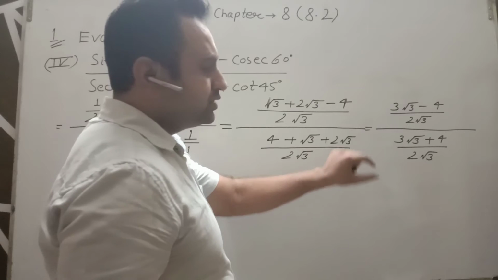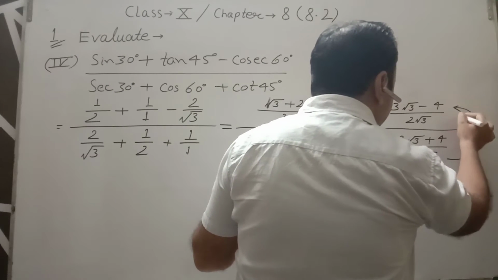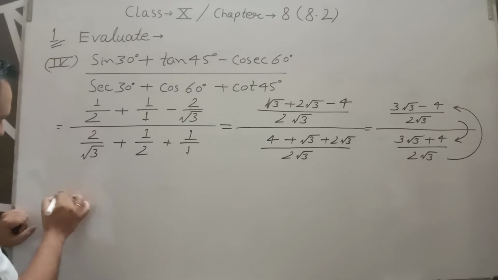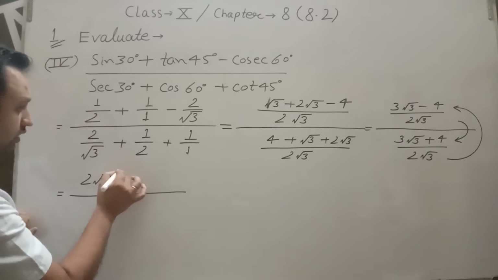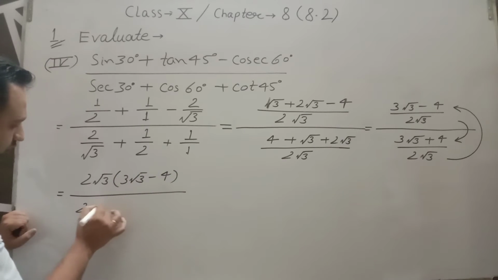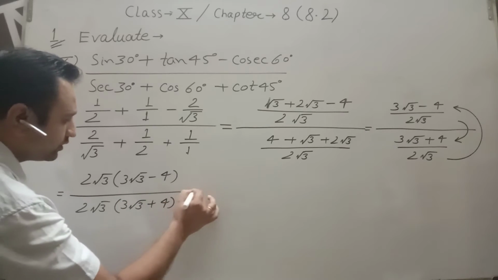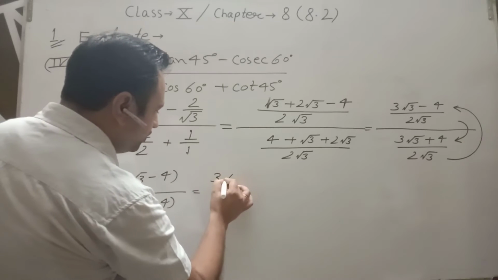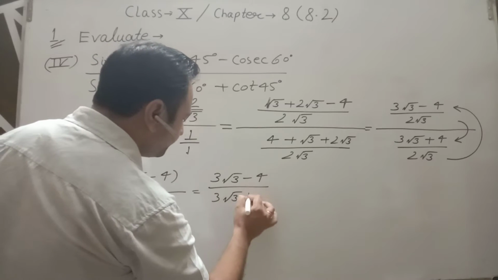There are two fractions as numerator and denominator, so multiply by this and this multiply by this. So it is 2 root 3 in a bracket 3 root 3 minus 4, 2 root 3 in a bracket 3 root 3 plus 4. 2 root 3 cancel out, and the value we obtained is 3 root 3 minus 4 upon 3 root 3 plus 4.